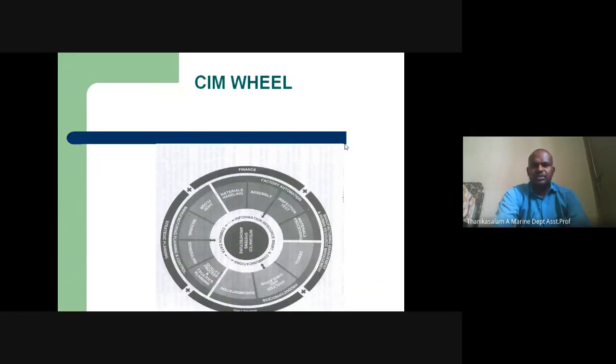This is called the CIM wheel, the computer integrated manufacturing wheel. The integrated systems architecture, common data, information resource management, and communication.